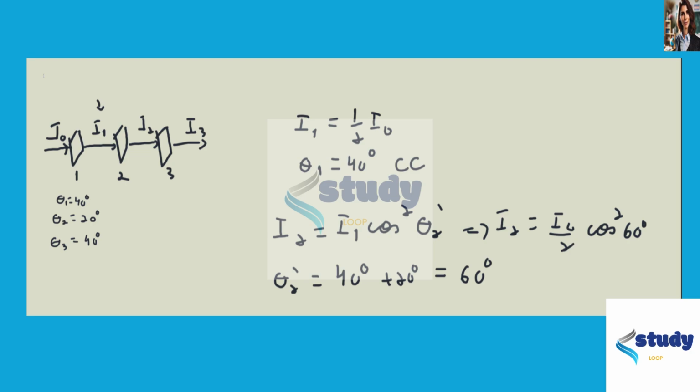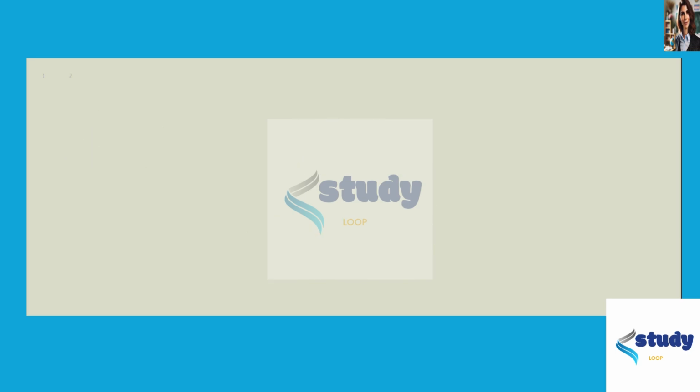Finally, the final part will be a similar thing, because now the direction of the transmitted light is 20 degrees clockwise. So let's write here. For I3 now, the incident light is coming at 20 degrees clockwise.